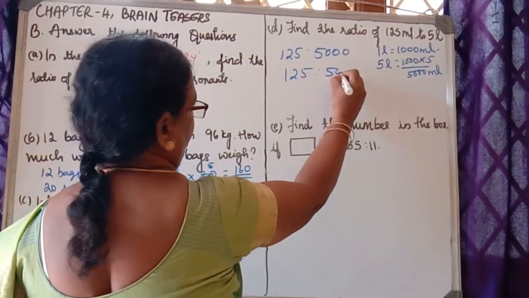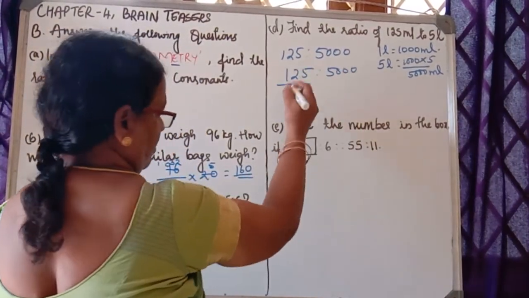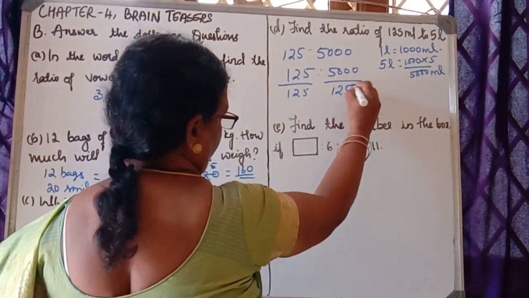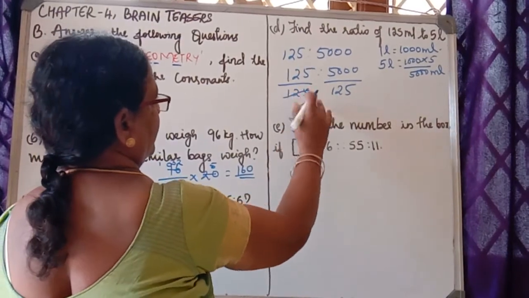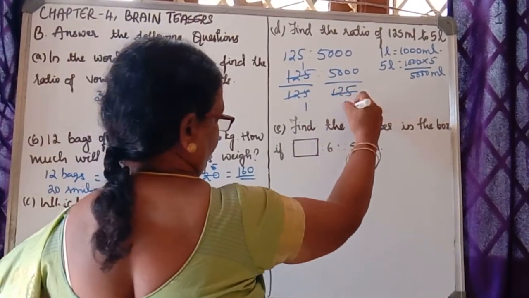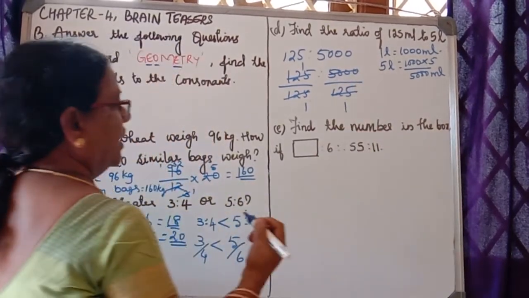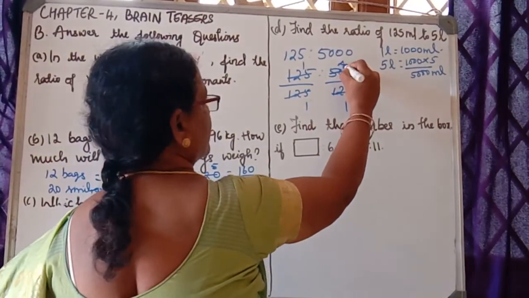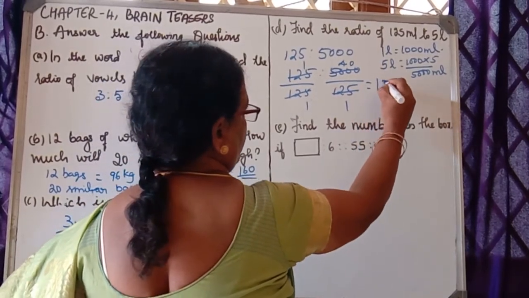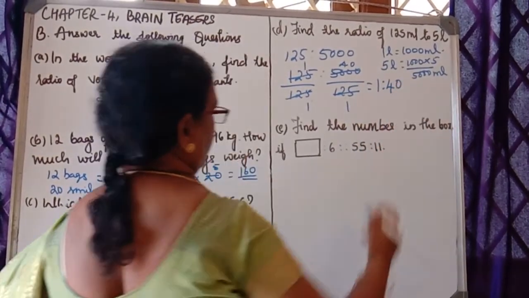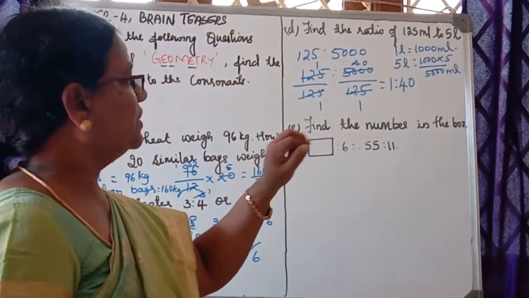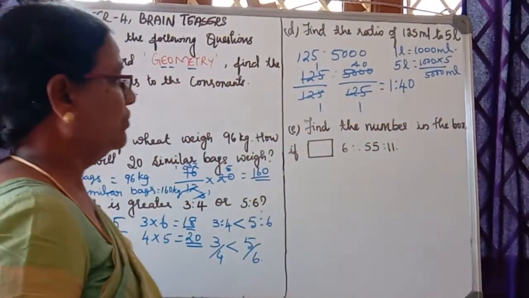We can take 125 itself. 125 goes one time. In 500, it will come 4 times. So, the ratio is 1:40. The ratio of 125 ml to 5 liters is equal to 1:40.